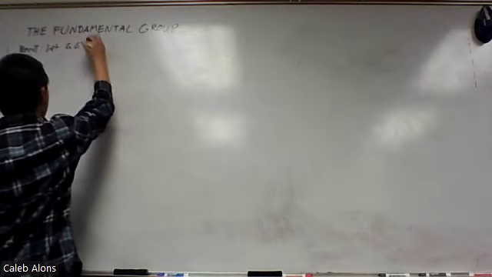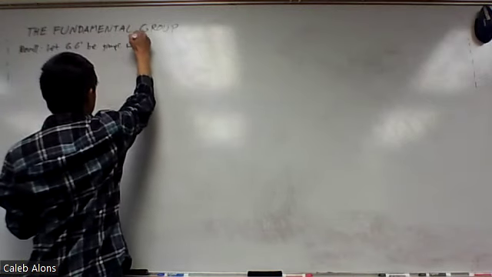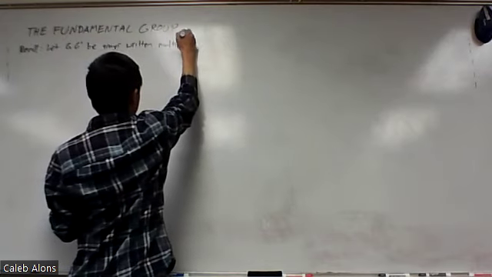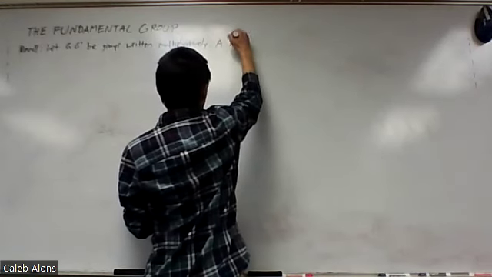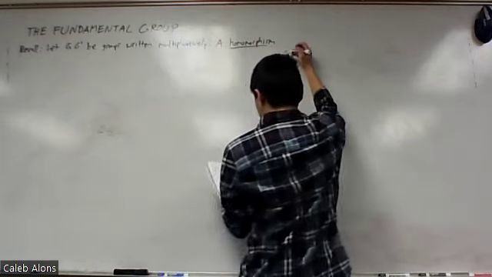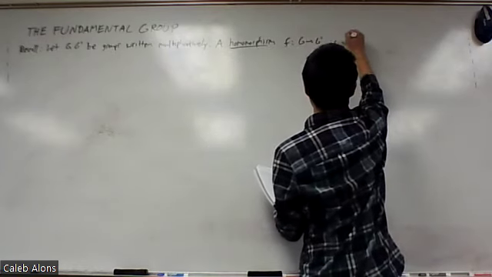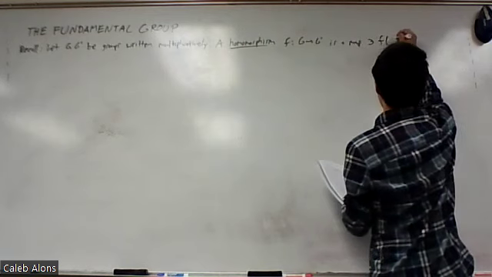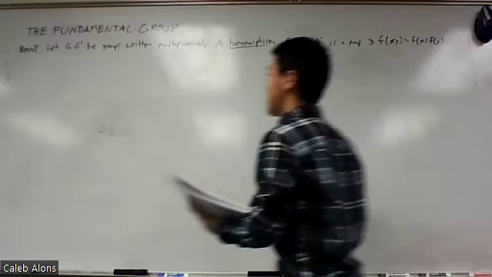If I have G and G prime as groups, and we'll just assume they're written multiplicatively, then a homomorphism is a function f from G to G prime such that f of xy is f(x) f(y), for all x and y.